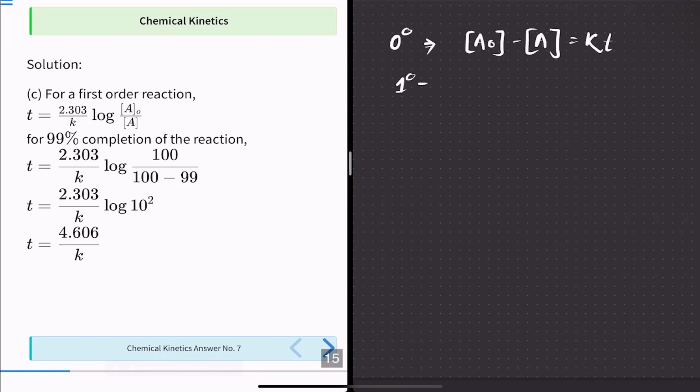For first order, we are using 2.303 log 10 A naught by A equal to KT.